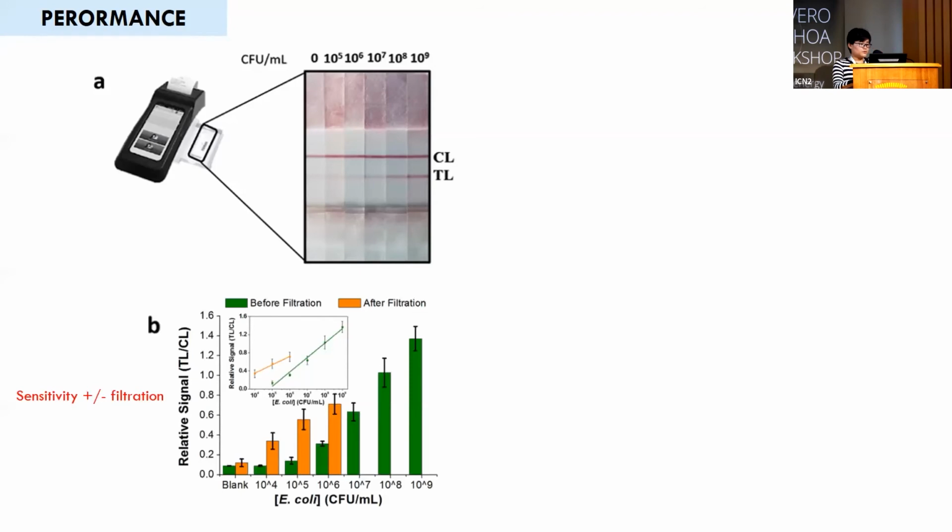In this project, we also combined a very simple filtration system to improve the detection sensitivity. Here we concentrated 100 times, and when we connected the filtration unit, the sensitivity improved by 2 orders of magnitude.